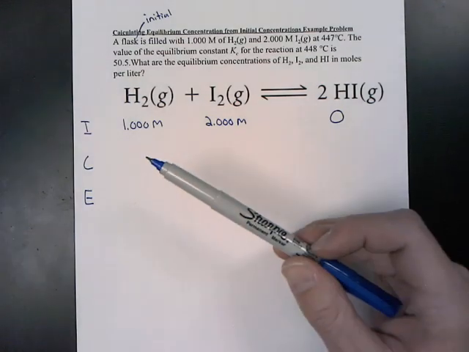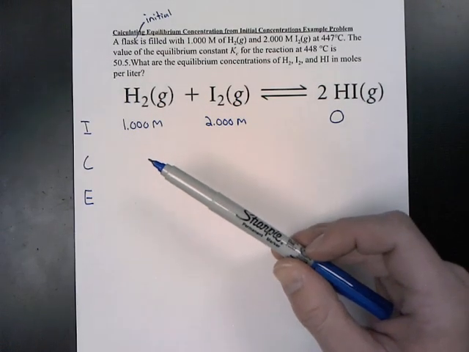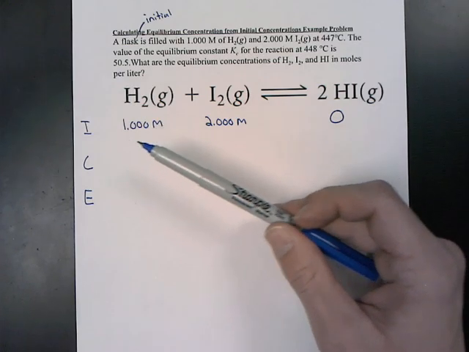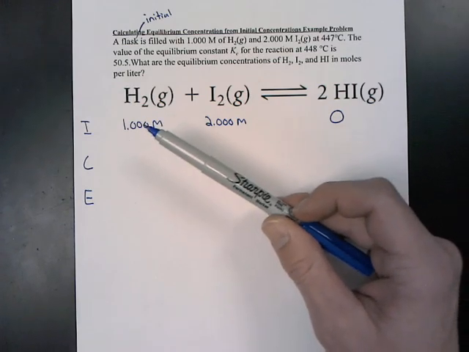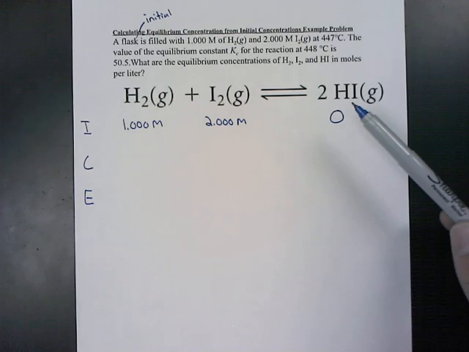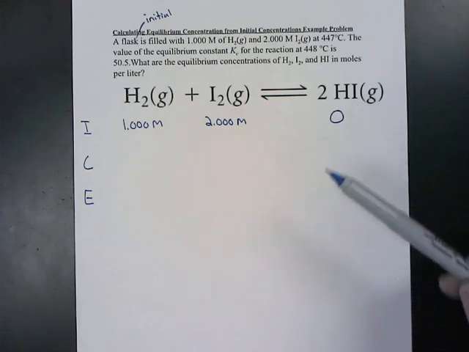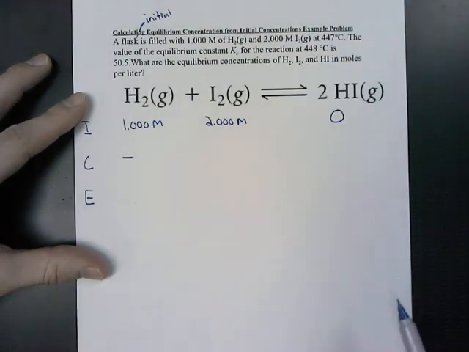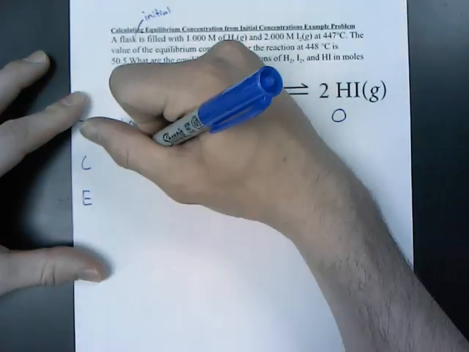We start out here with this. We are going to have to lose some of this stuff because it needs to produce some of this stuff. So we have a loss, or a minus sign there, and we lost some amount that we don't know.